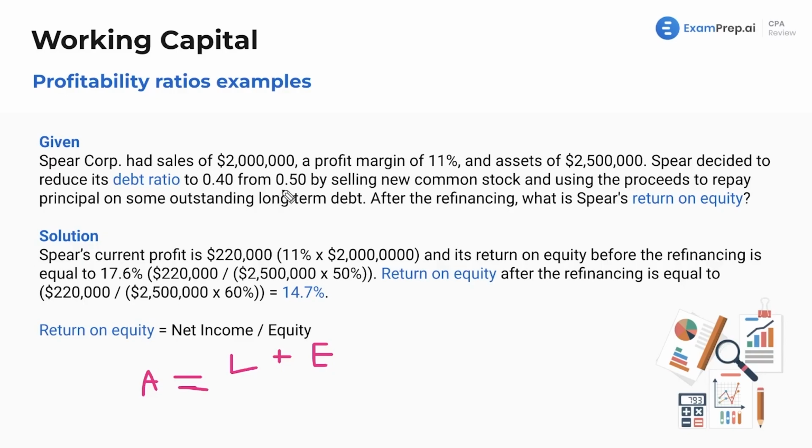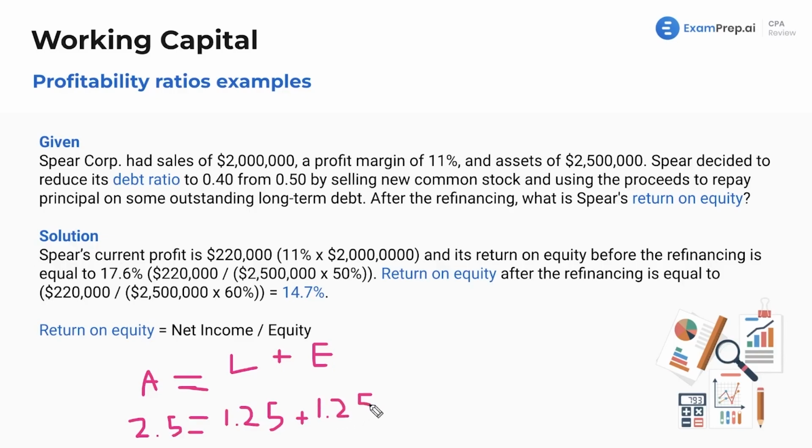If we had a debt ratio of 0.5, that would mean that liabilities is half of assets. So 2.5 million. Now here's where you really have to follow it. This is some crazy stuff, isn't it? 2.5 million of assets. Debt ratio is debt over assets. So we're going to say this is 1.25. And so is our equity because they have to balance. So half and half, 1.25.